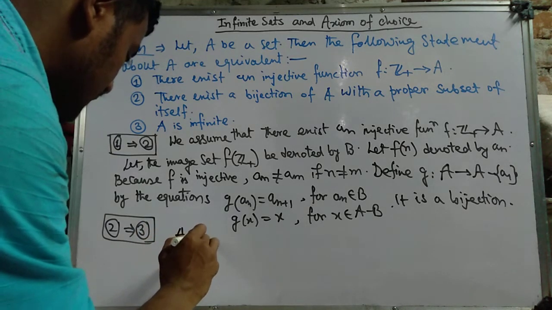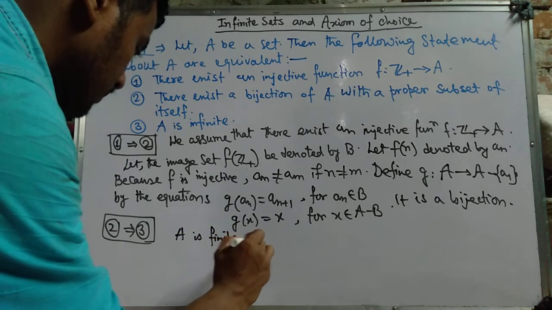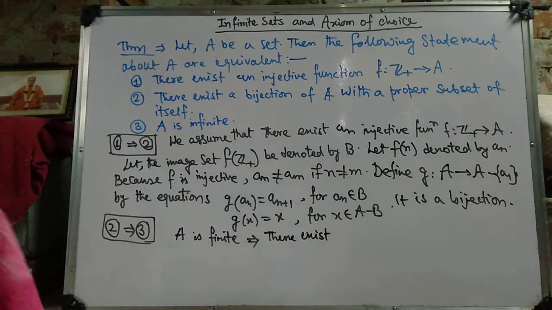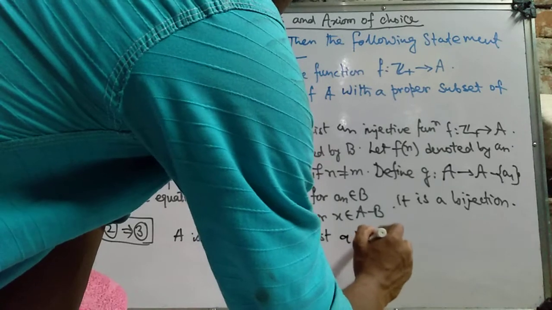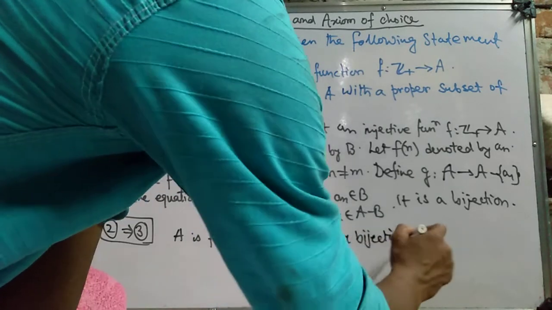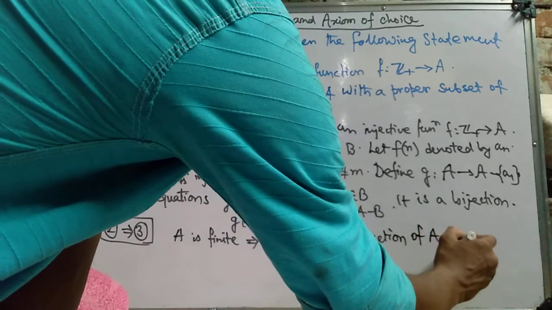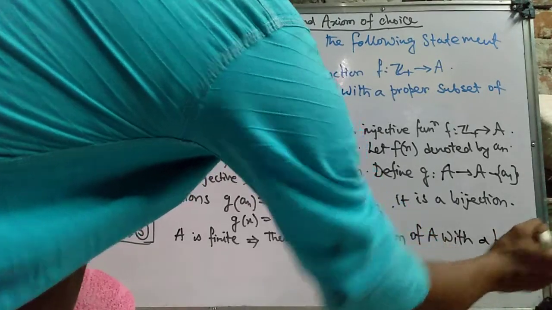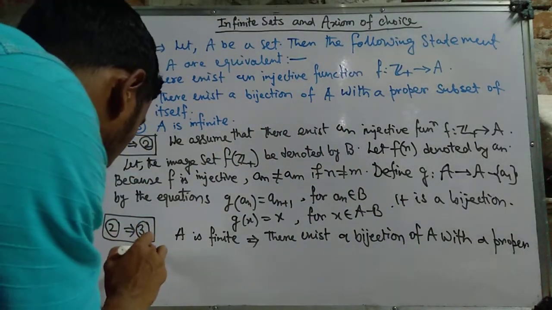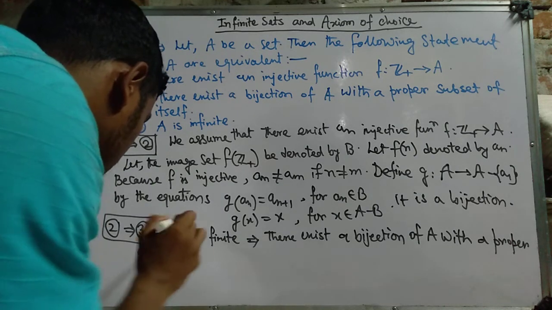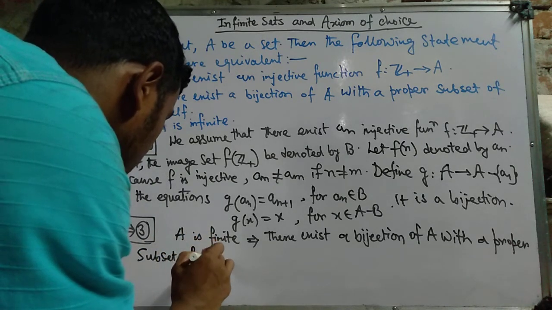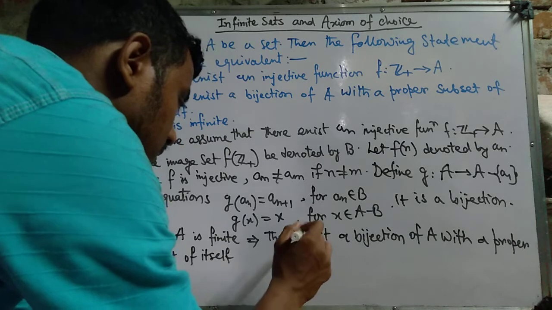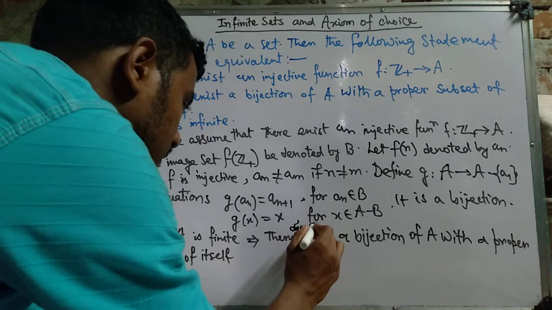We know that if A is finite, this implies that there does not exist a bijection of A with a proper subset of itself.